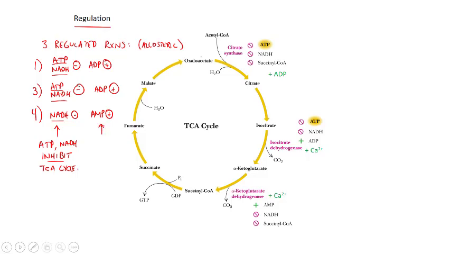ADP and AMP activate the citric acid cycle. That actually makes sense, because if ATP levels are low, then ADP and AMP levels will be high. Why is that? What's the whole reaction that ATP uses to power unfavorable reactions?